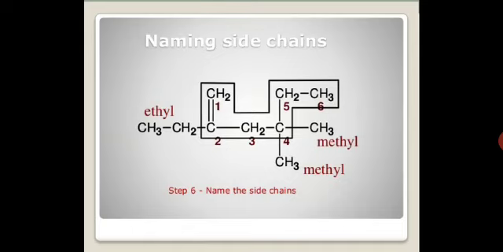Like we said before, when you want to name them, you assign priority based on the carbon double bond. Then, in naming, the number of that carbon having the substituent or the alkyl group has to be mentioned. Here you have carbon number 4 having methyl, methyl.